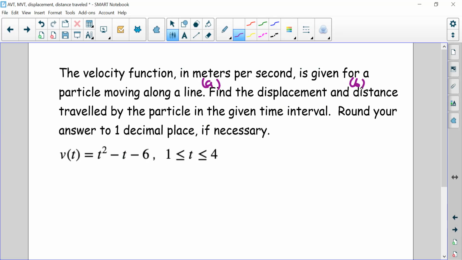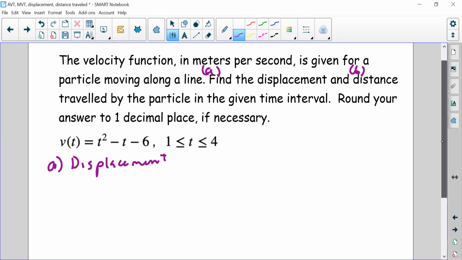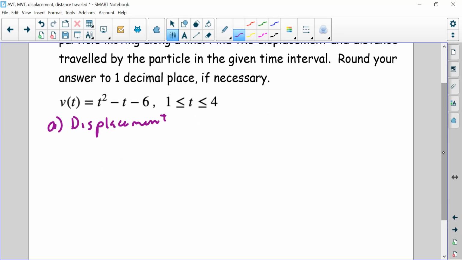So we're going to start with A, displacement. All right, so to find displacement, I remember my formula. That's the integral. This is time 1, this is time 2. So that's going to be 1 to 4. That's the interval which I'm looking at of my velocity function.